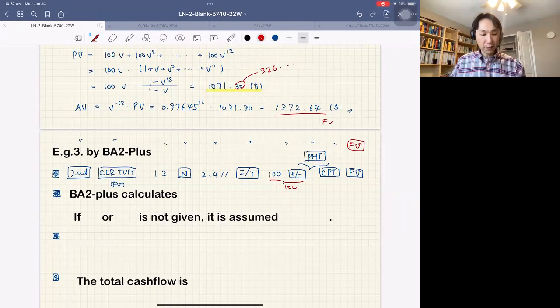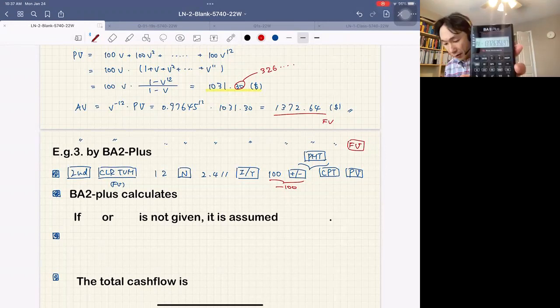The future value, denoted as FV, is the accumulated value. So you have to start over: 12 N, 2.411 I, then 100 minus and payment, then compute FV. Then you get 1372.64.